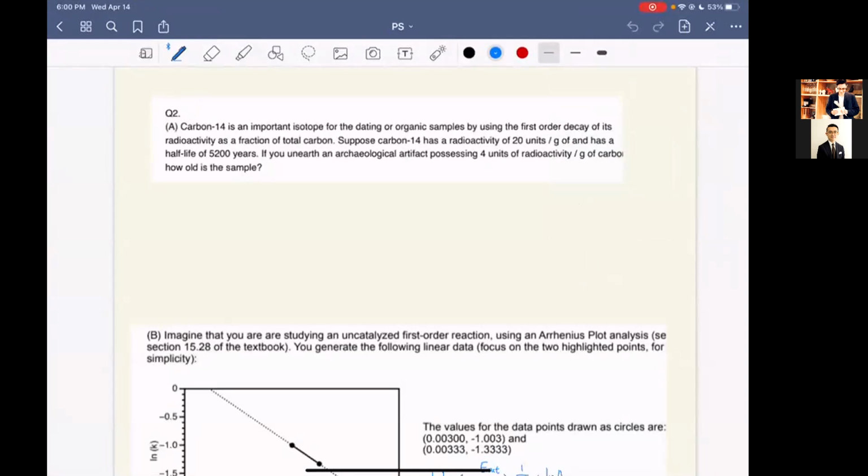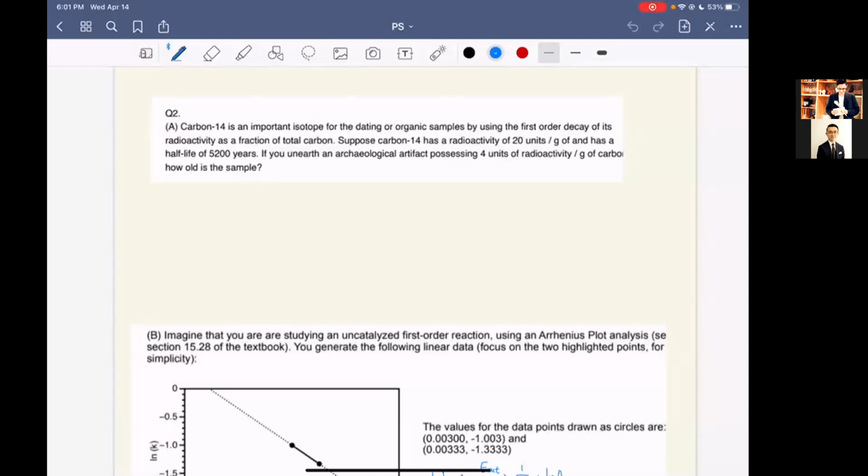It's an important isotope for dating organic samples by using a first-order decay of its radioactivity. The original concentration of the carbon-14 is 20 units per gram, now it is 4 units per gram, and the half-life is 5,200 years.